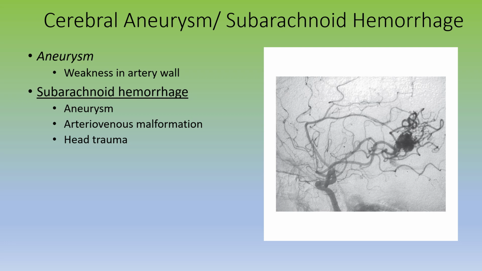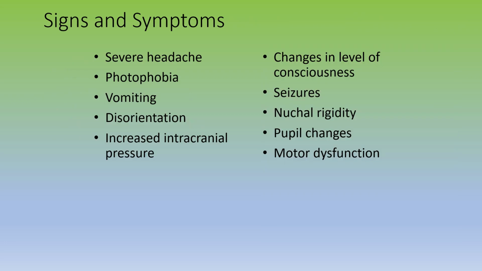Risk factors for a ruptured aneurysm are having a large aneurysm, having aneurysms in certain locations, smoking cigarettes, and having untreated high blood pressure. So here are the signs, symptoms, and manifestations that a client will have with a cerebral aneurysm or a subarachnoid hemorrhage.